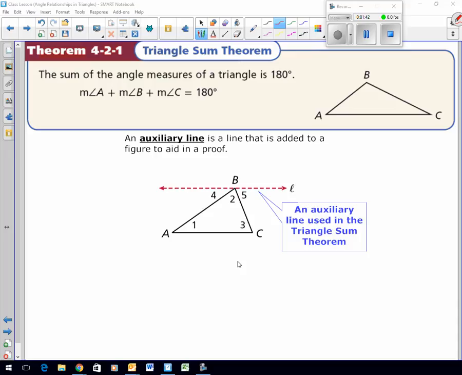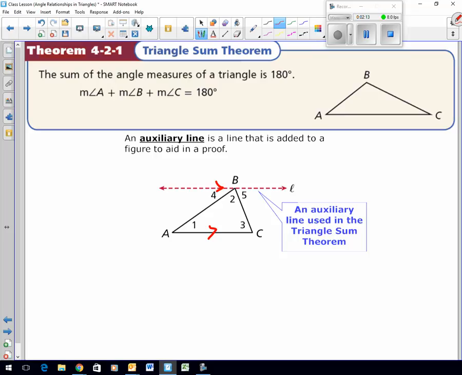For example, that line would help me see the remote interior angle theorem, which is something that we're going to go over today. That line would help me see, hopefully, that angles 4, 2, and 5 are supplementary. If the auxiliary line is parallel with the other side of this triangle, which it is in this case, it would help me see what kind of angles.